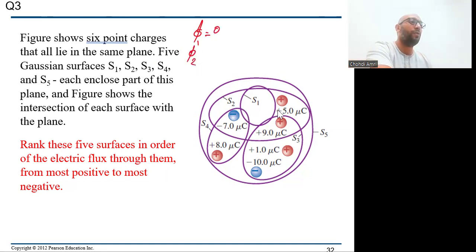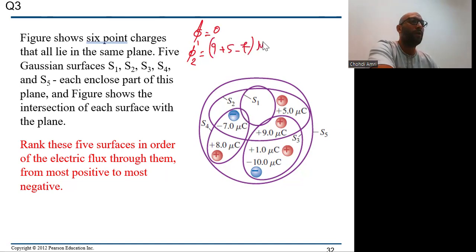For surface 2, what is it? We have 9 microcoulomb, 5 microcoulomb, minus 7 microcoulomb. 9 plus 5 minus 7 microcoulomb divided by epsilon naught. So what will be the result? 9 plus 5 is 14, minus 7 is plus 7 microcoulomb divided by epsilon naught.